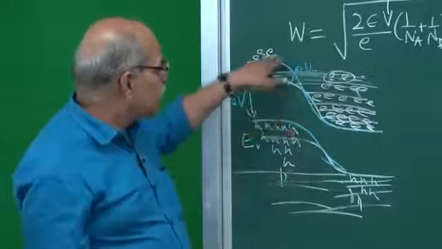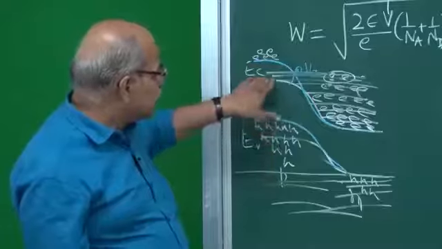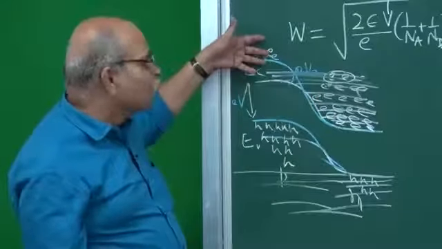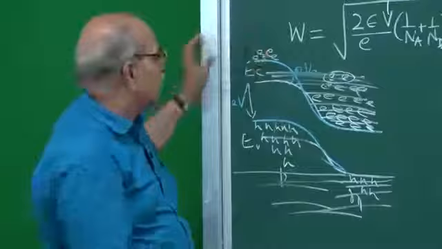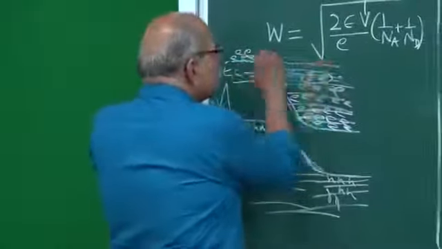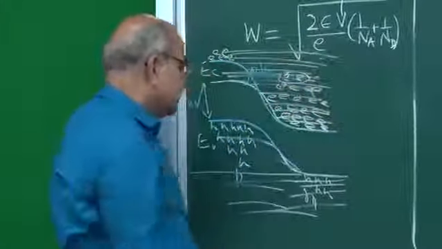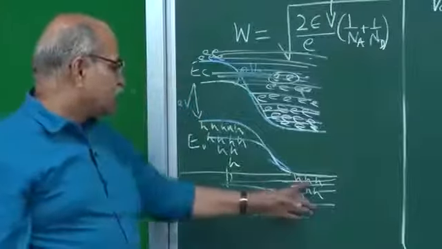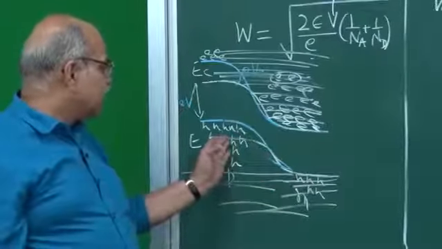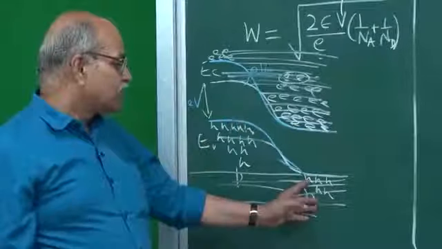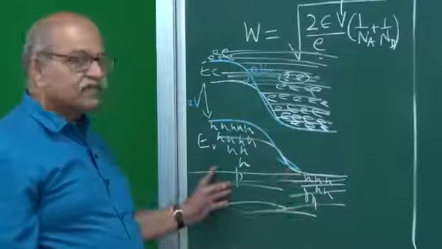Even in reverse bias, even if this EC has gone up here, no problem for these electrons, they can always go to this n side. And similarly for these holes, even if this EV has gone up, no problem for these holes, they will just go.